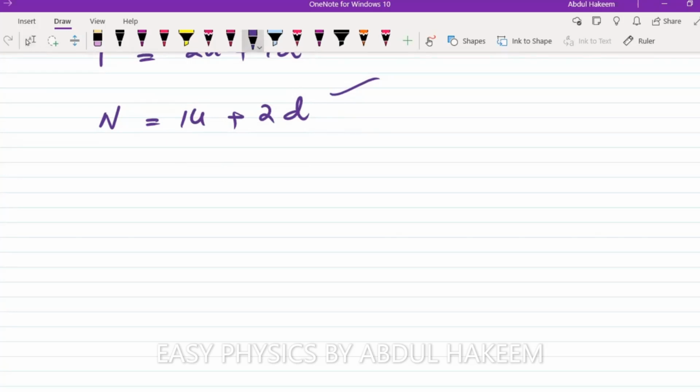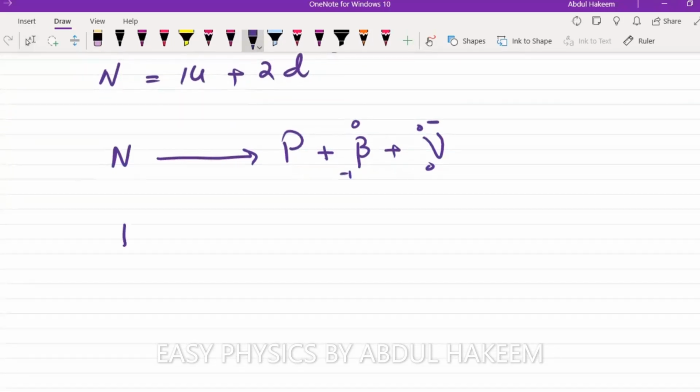Look, when a neutron is converted into a proton, a beta particle is emitted along with the anti-neutrino. When a proton is converted into a neutron, a positron, meaning anti-electron, is emitted and a neutrino is also emitted.